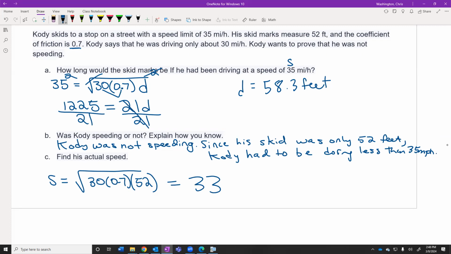You should get like 33.04, which is okay at this point to round to 33. How fast was he going? How many people are going to say 33.04 miles per hour? Probably not many, so it's perfectly okay to round that to 33 at this point.